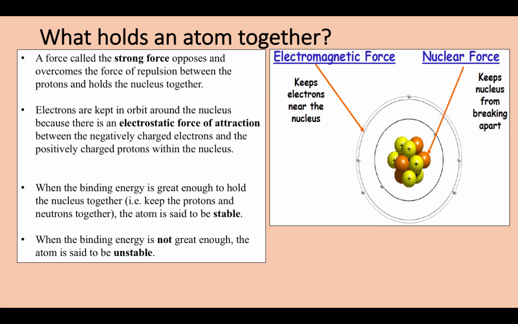So those neutrons prevent the repulsion between the protons and prevent the protons from exiting the nucleus, thereby keeping the whole nuclear structure together. The nuclear force keeps the nucleus together, and the electromagnetic force keeps the entire atom together. When all of these things are aligned, we say that the atom is stable. When all of these things are unaligned, we say that it's unstable.